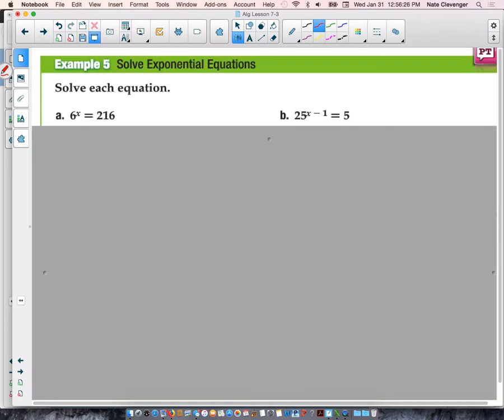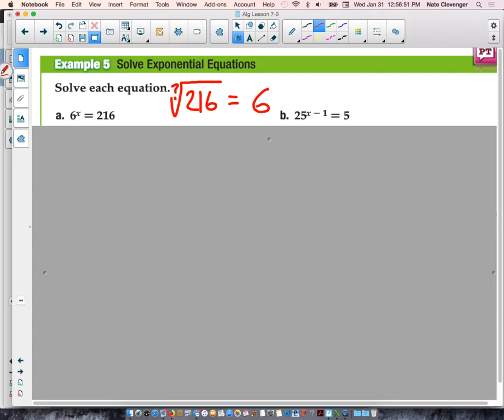Now on this, 6 to the what power gives you 216? Well, if we look at this, the way we were doing it earlier, we would have some root of 216 that would have to equal 6.